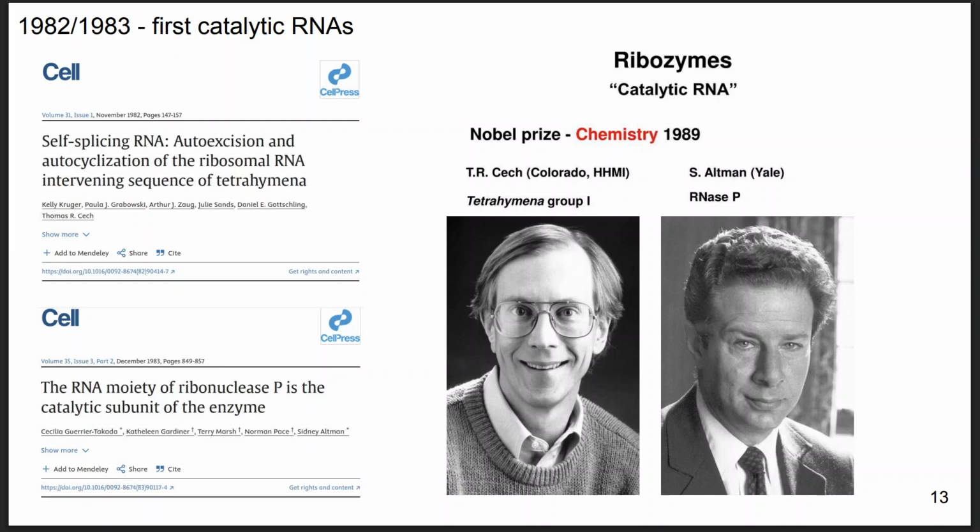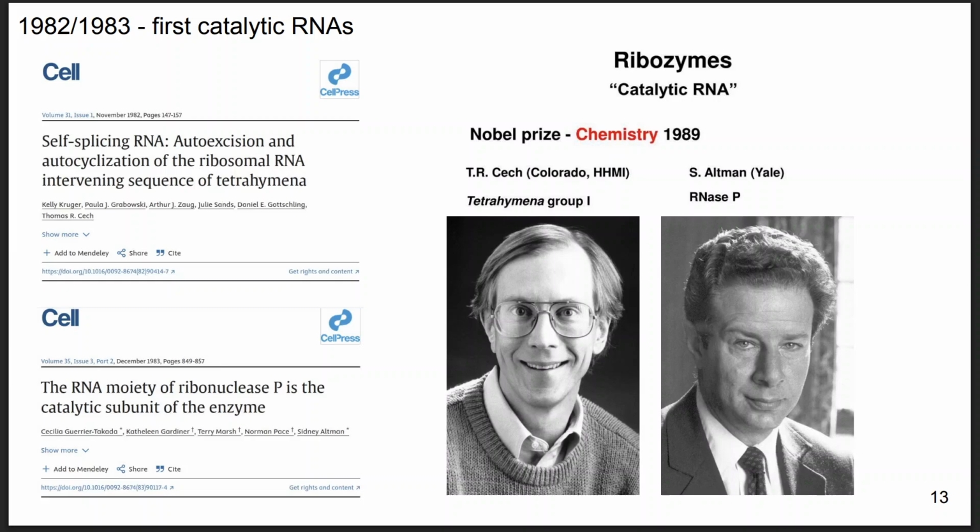And ribonuclease P is involved in processing of tRNA genes, so it cleaves not itself but other RNAs. So they showed that these two RNAs are capable of performing catalytic reactions, which means that they are functional molecules and don't depend on proteins for this function.